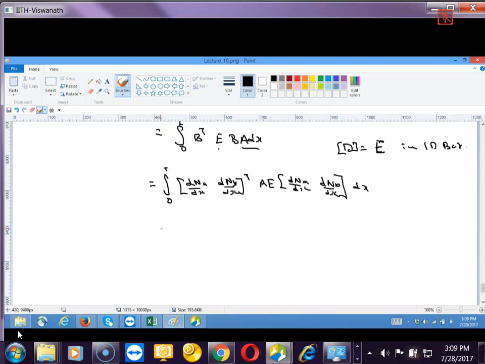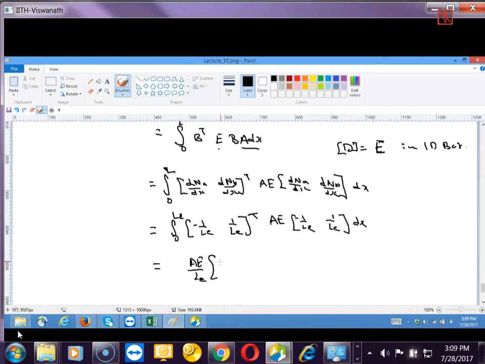So that's what I have shown you earlier, taking this as 0 to L, minus 1 by LE, 1 by LE transpose, times minus 1 by LE, 1 by LE, which will give you on integration AE by L times 1 minus 1 minus 1 and 1.